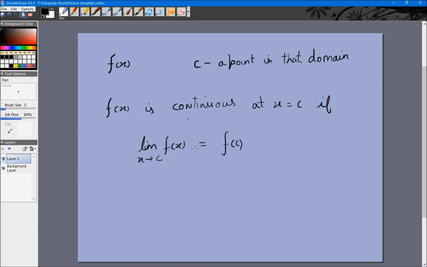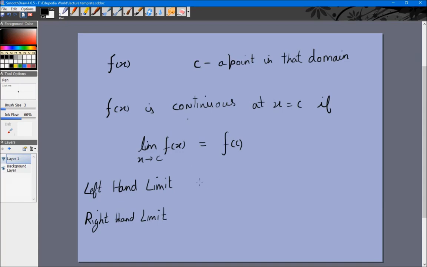Right. Now you've already seen limits before in 11th class, and the limit of a function includes two things: the left hand limit and the right hand limit. This is something you studied before. So the left hand limit means that x approaches C from the left.